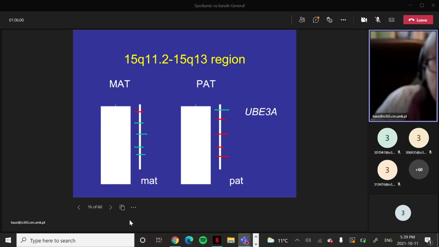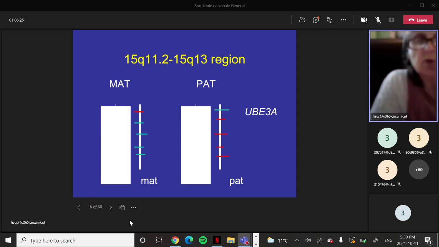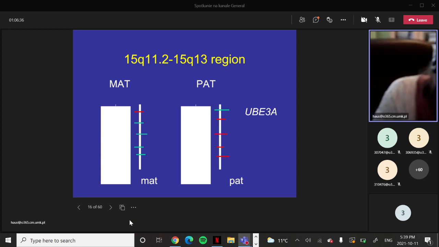And here we can see this special imprinted region, from q11.2 to q13. On the left, maternal chromosome 15. On the right, paternal chromosome 15. Only a small fragment of these chromosomes, from q11.2 to q13, and in a part of this region we can see five genes.